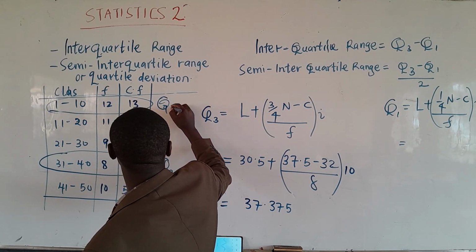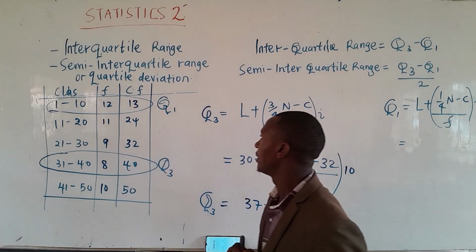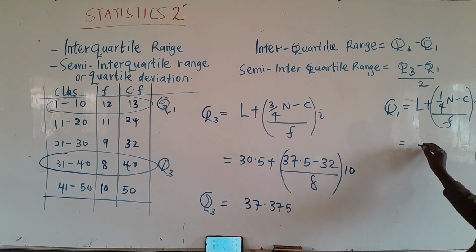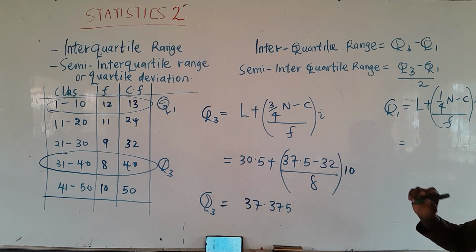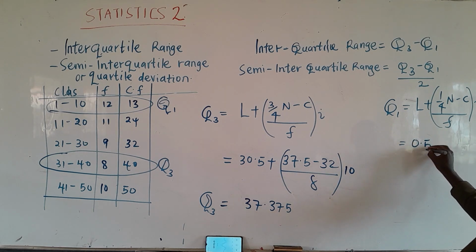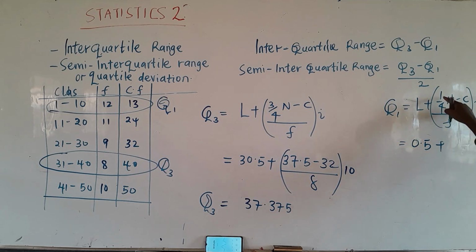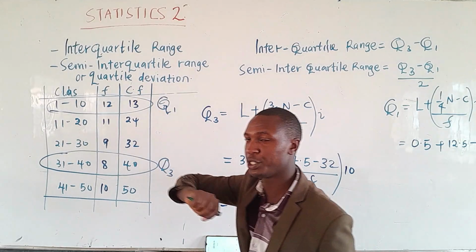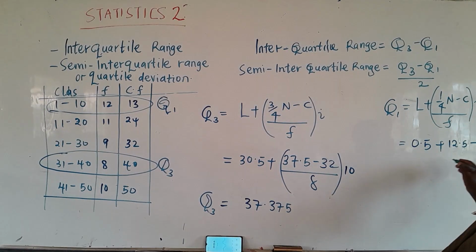Subtracting 0.5 from 1, we get 0.5, that's the lower limit, plus 1 over 4 multiplied by N, that is 50 multiplied by 1 over 4, which is 12.5, minus 0, because the cumulative frequency above here you can assume is 0 since we don't see it. Divide by the frequency of our class, which is 12, and we multiply that by I, which is 10.